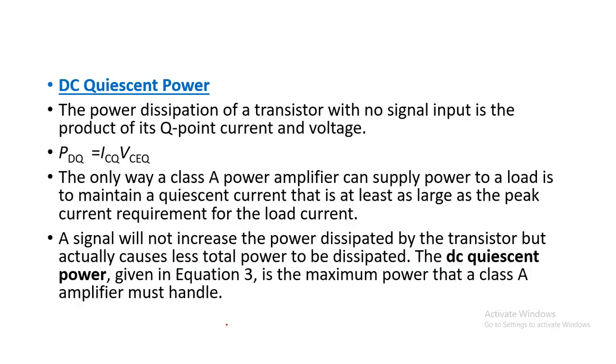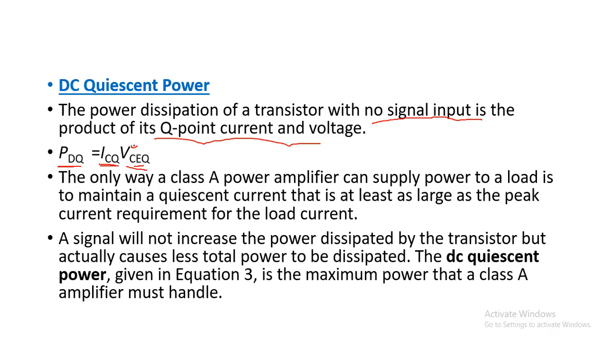Now let's talk about the DC quiescent power. This is the power dissipation of a transistor with no input signal. This is very important. With no input signal, it is the product of its Q point current and voltage. So this PDQ, that is power at DC quiescent, will be equal to ICQ times VCEQ, the collector current at the quiescent point and the collector-to-emitter voltage at the quiescent point.